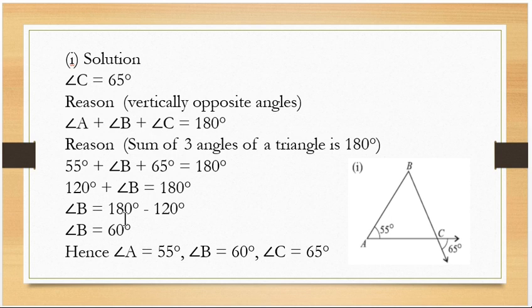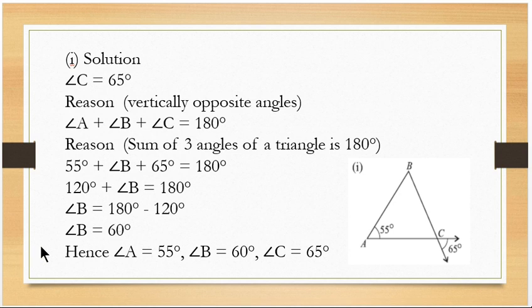So now we have calculated all three angles of the triangle. Angle A, which was already given to us, is 55. Then angle B, which we have just calculated, is 60 degrees, and then angle C is 65 degrees. Okay, hope you understand this question.